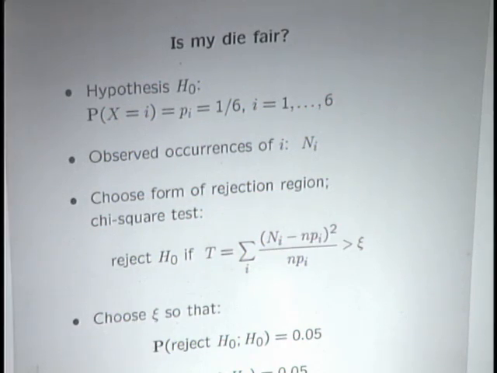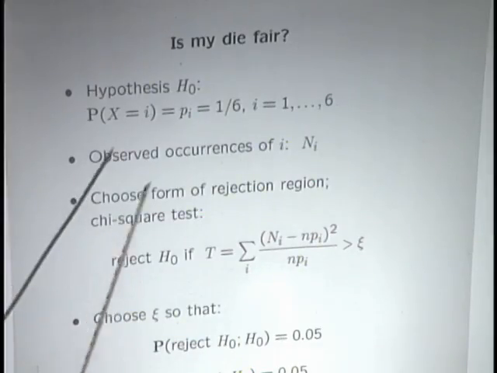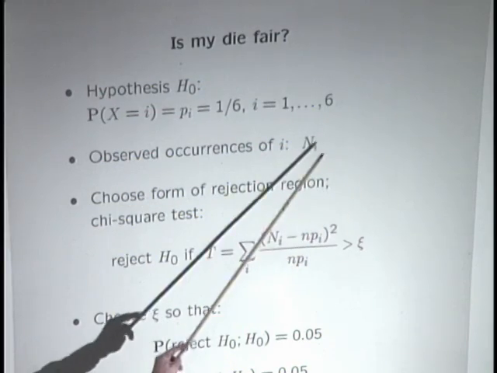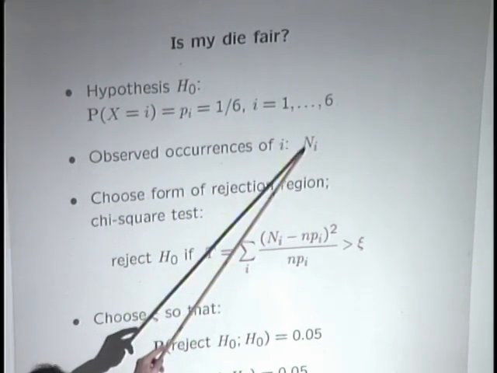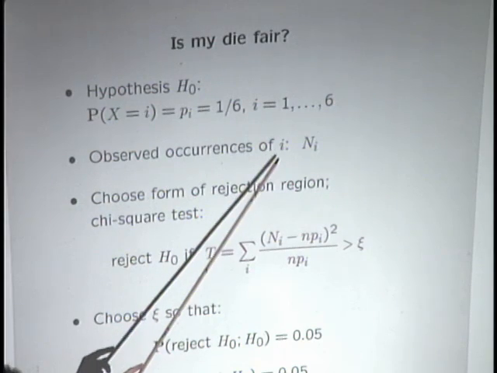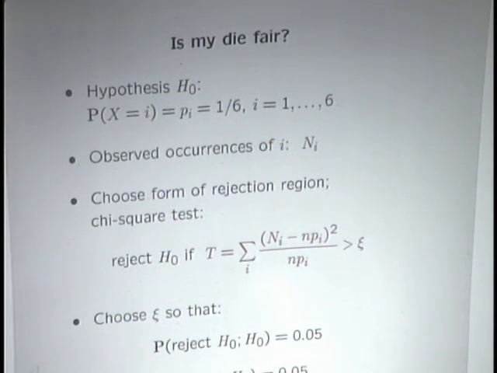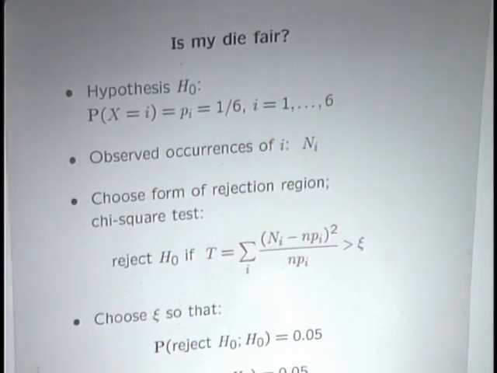So I take my die, I roll it a number of times, little n, and I count how many ones I got, how many twos I got, how many threes I got, and these are my data. I count how many times I observed a specific result in my die roll that was equal to some i. And now I ask the question, the N_i's that I observed, are they compatible with my hypothesis or not?